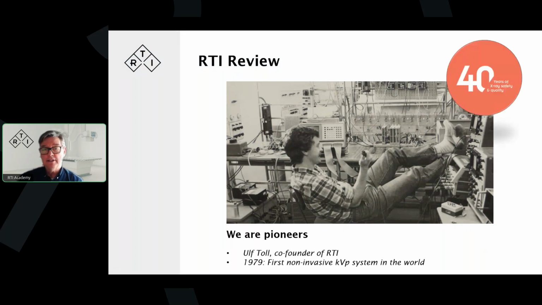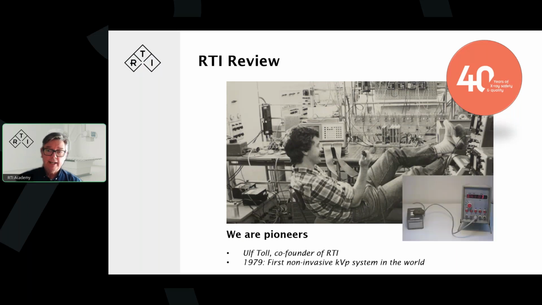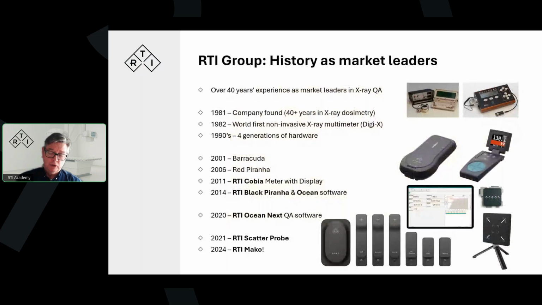It started off as a thesis project at the Technical University in 1979, the first studies of a non-invasive KVP meter, and the first prototypes saw the light of day in 1979. And this is what it looked like. That was the very first prototype. The first commercial non-invasive KVP meter was launched in 1981, and since then we've been launching new products and new innovations onto the market at quite a steady pace, I would say.